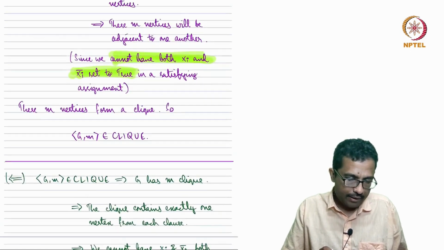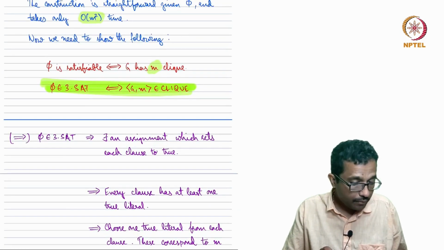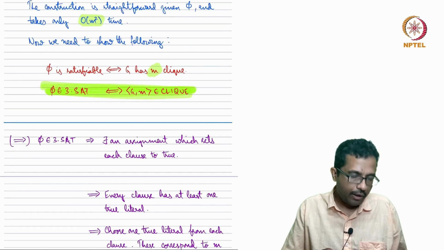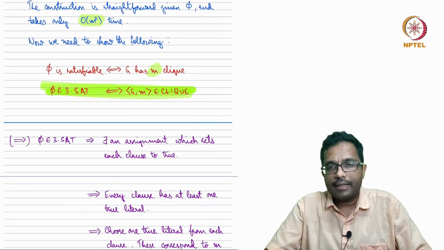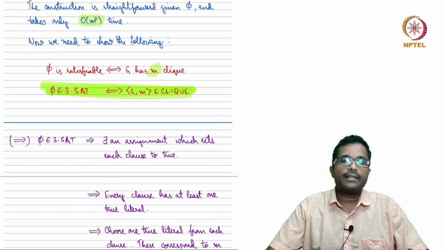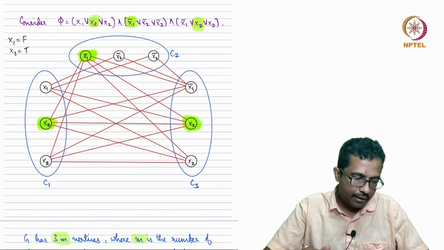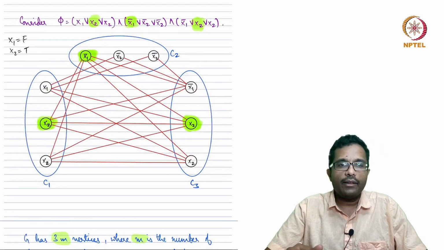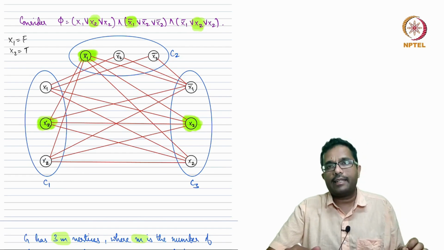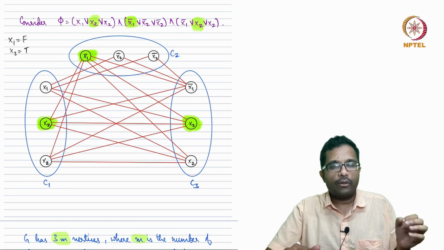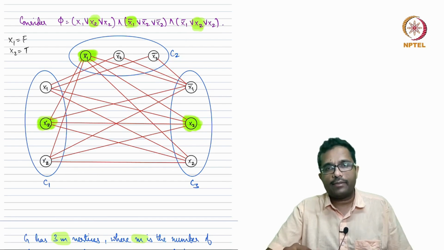So let me just recap. We have to show that the formula is satisfiable if and only if the constructed graph has an M clique. If the formula is satisfiable, we consider a satisfying assignment, and we pick one literal from each clause that is satisfied.